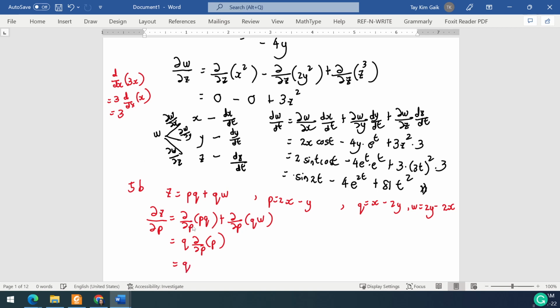So when you see del p pq, q is constant, you will get the answer q. And then del p qw. When you del p qw, q and w are constant. Differentiate a constant, what do you get? 0. Yeah. So you can do it.